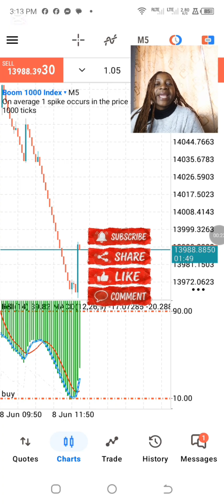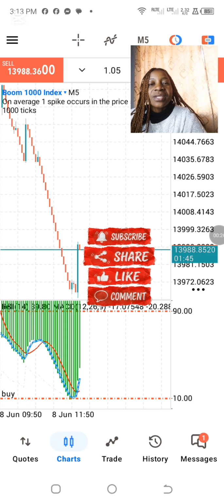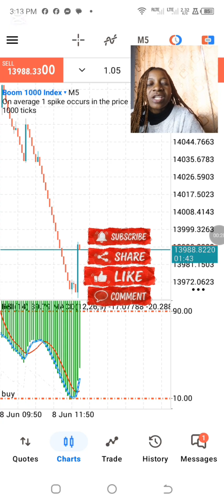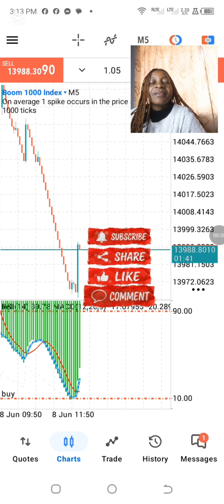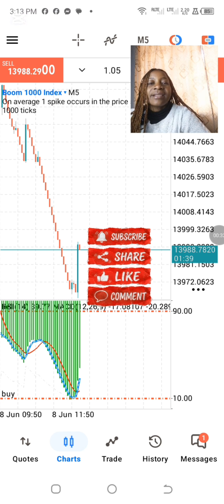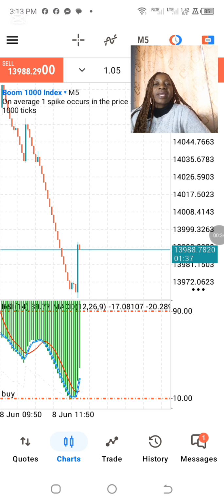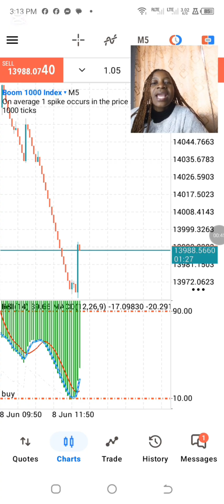So I'll begin by explaining the conditions of buying. This strategy, we can use it to catch spikes in Boom and Crash, that is on Deriv, as well as on PainX and GainX, that is on Weltrade. So I'll begin by explaining the conditions of buying, be it in Boom or buying in GainX. With this strategy, we can use it to catch spikes in all Boom pairs as well as in all GainX pairs.